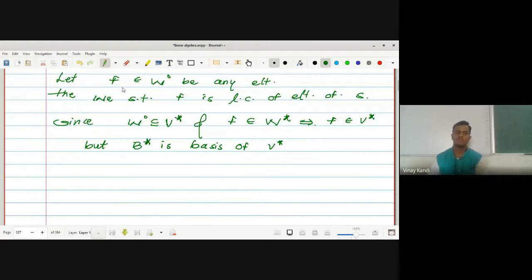If this f is any element of the annihilator of W, what do we have to prove? If this f is a linear combination of elements of S, then f belongs to L of S. This we have to prove. Now the annihilator of W is contained in V star. This is a subspace of V star, but B star is the basis of V star. So this f we can write in the form of the linear combination, sum of i running from 1 to n of a_i f_i. Is it correct?